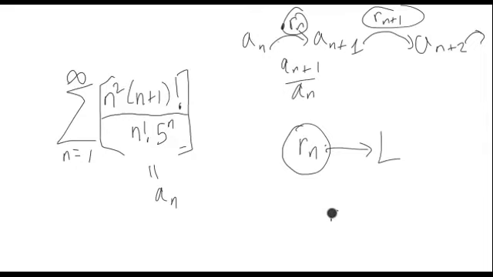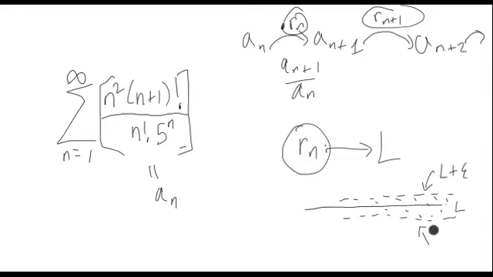Now, what happens if that is true and it is limiting? If it limits to L, that means that eventually, for big enough n, R is going to be very close to L. So if n is big enough, there's an epsilon tolerance around L that the Rn's themselves will always be within. So R could be bouncing around between L plus epsilon and L minus epsilon.